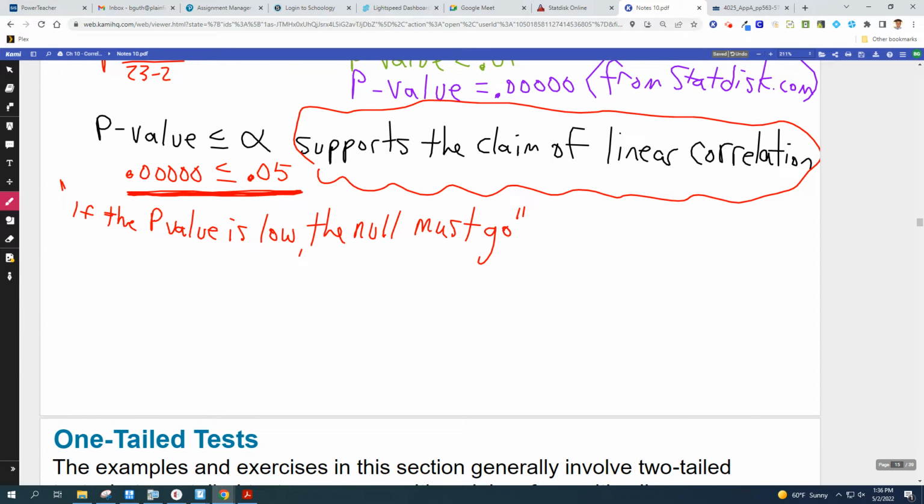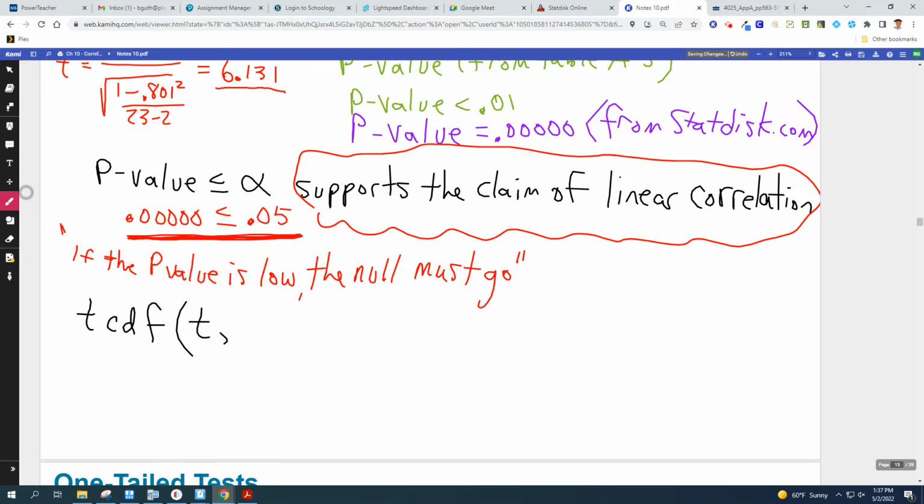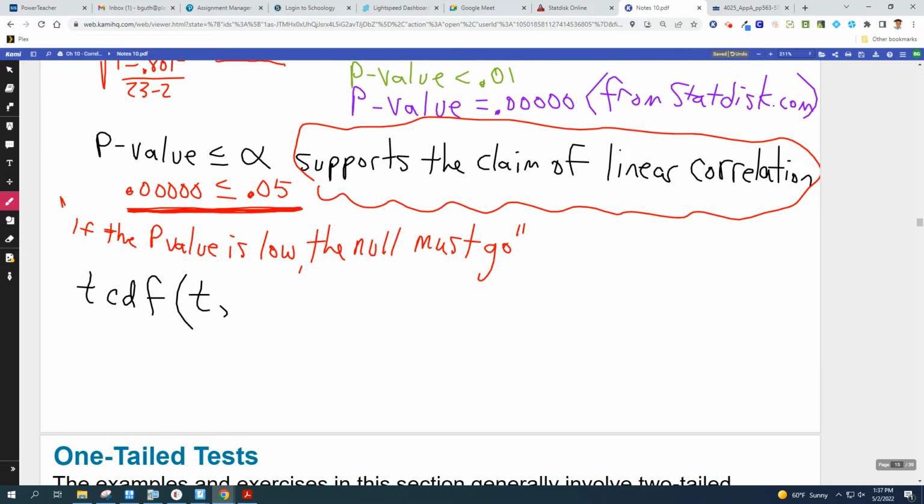Now, one other thing I want to show you is with technology. Those of you with a TI, you can do a T-CDF. We've done a couple of different distribution functions, but a T-CDF is going to take arguments of your T value that you got from that equation, 6.131, and then it's going to go to infinity, and then you're going to have your degrees of freedom.